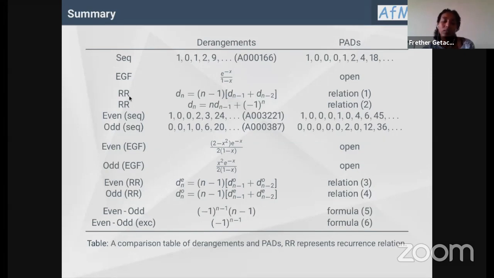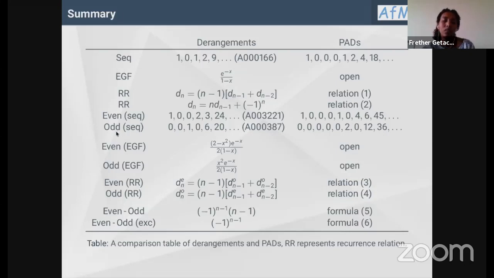And also, the recurrence relation is already known. These two are famous recurrence relations for the number of derangements. Connected to these two recurrence relations, we have the ones for the numbers that count the paths, which we already introduced here.